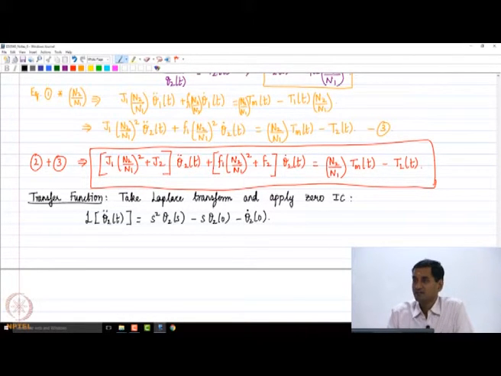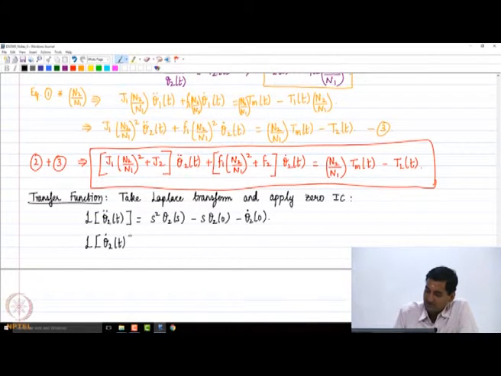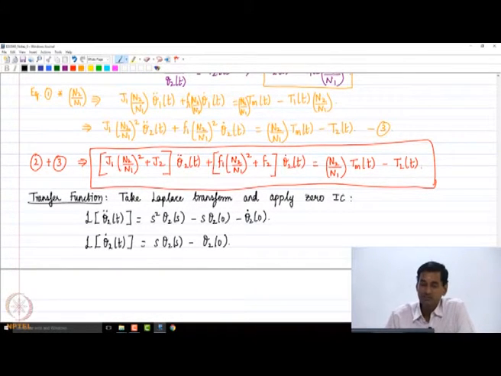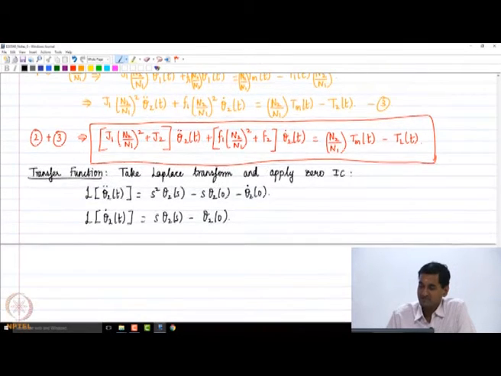Of course it's obvious from the context that the second two terms are initial conditions, where theta 2 is evaluated in the time domain. And the Laplace transform of theta 2 dot is s times theta 2(s) minus theta 2(0). We need to keep all those things in mind.